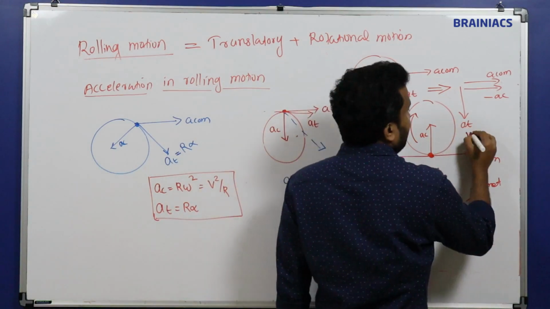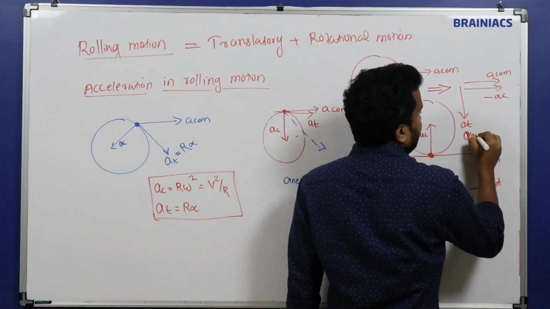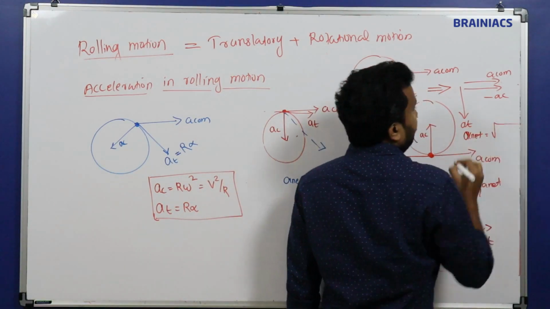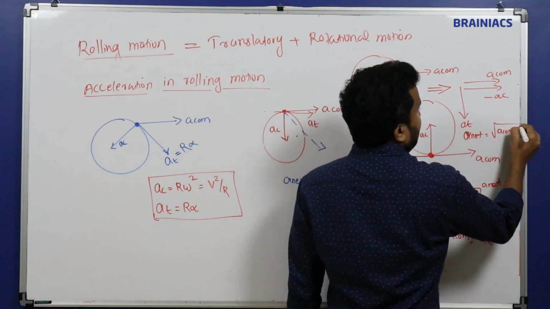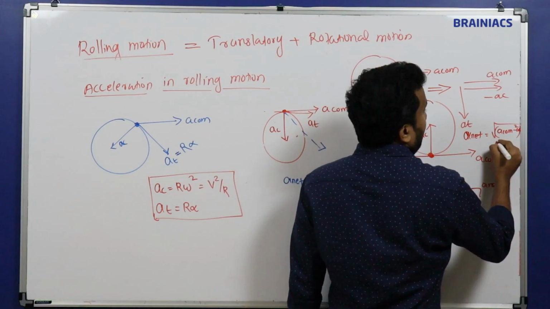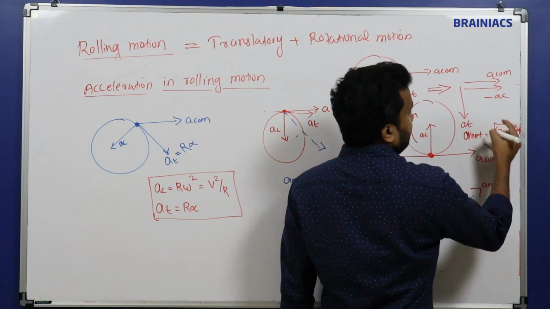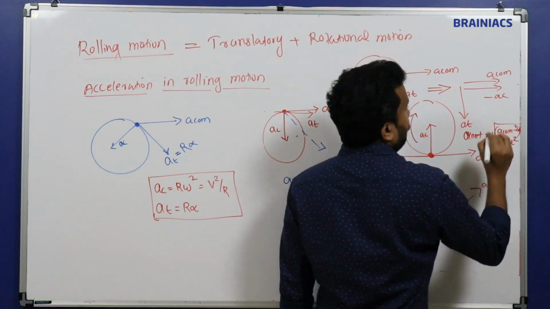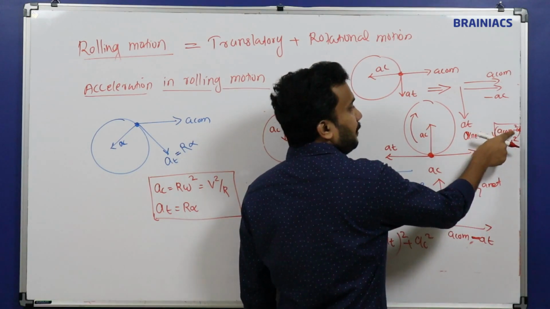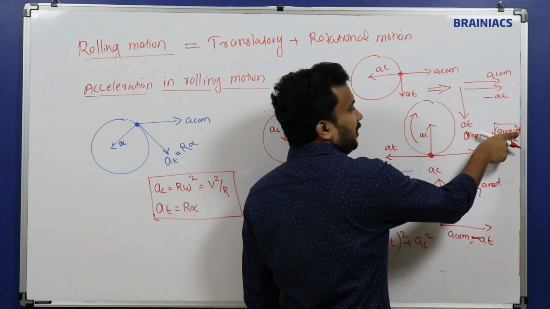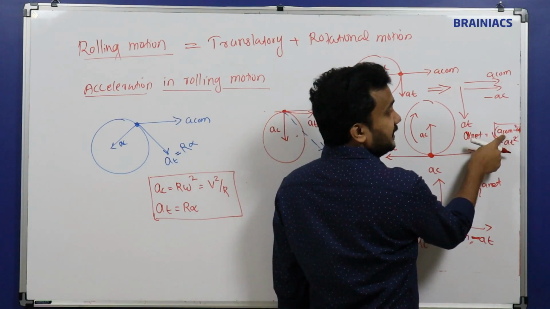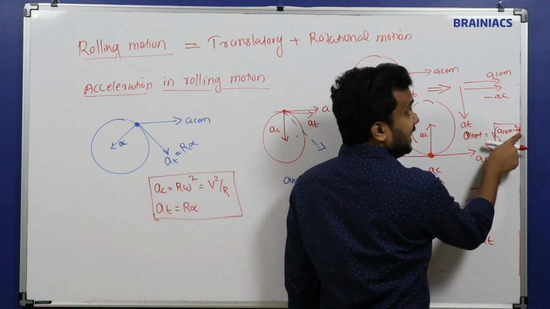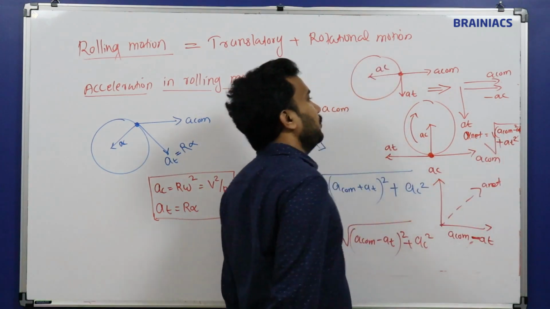So how to find the net acceleration? A net, how will it be? Root of, tell me, (ACOM minus AC) the whole square plus, all this is under the root, plus what will come? AT square. (ACOM minus AC) square is the board's border, that is why I am repeating again: (ACOM minus AC) square plus AT square.